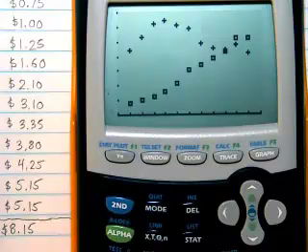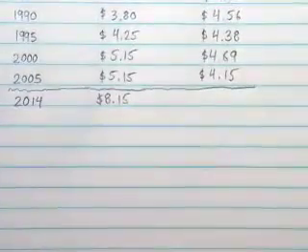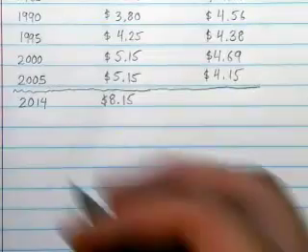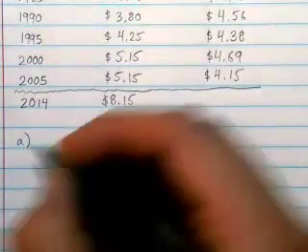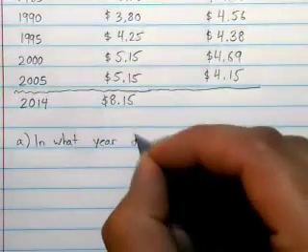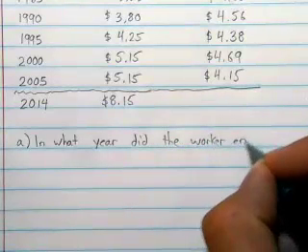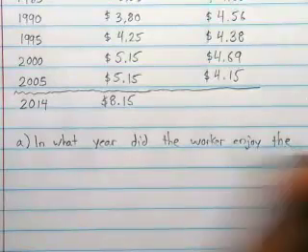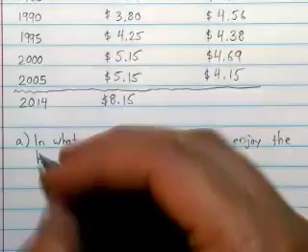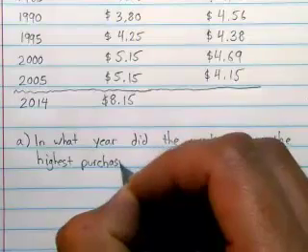So looking at the graphs, let's see if we can answer some questions. Okay, I'm going to remove the calculator from up here, but be looking at your own as we move ahead here and see if you can answer these questions. So the first one is, in what year did the worker enjoy the highest purchasing power?